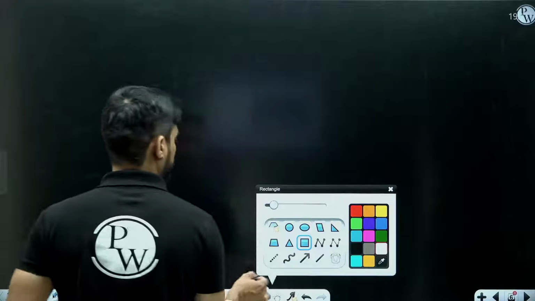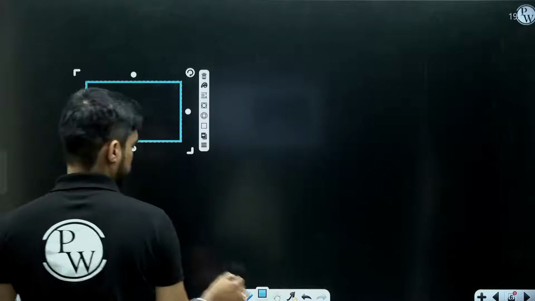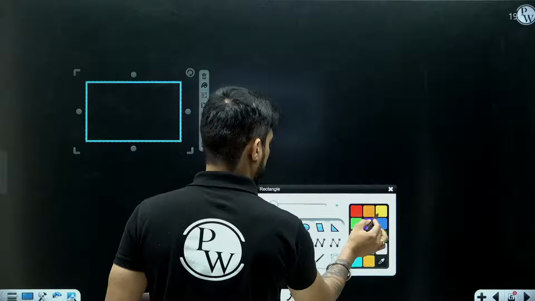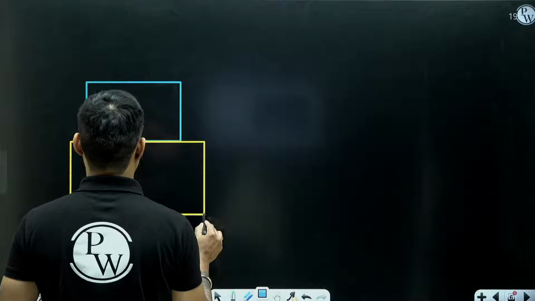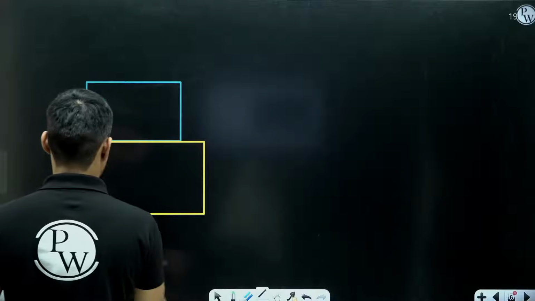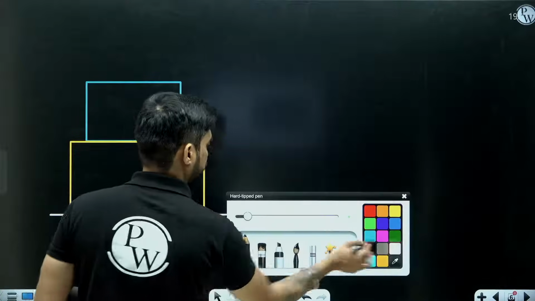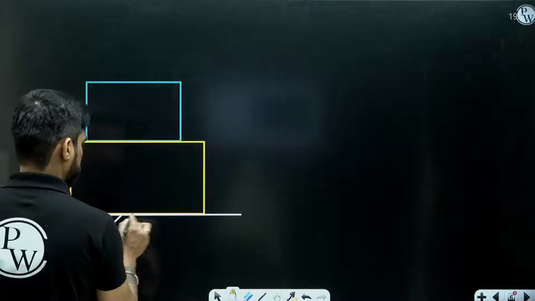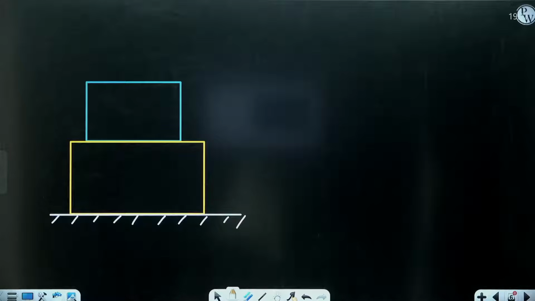Let's consider a blue box resting on a yellow box, and these boxes are resting on earth, a surface of the earth. Okay.